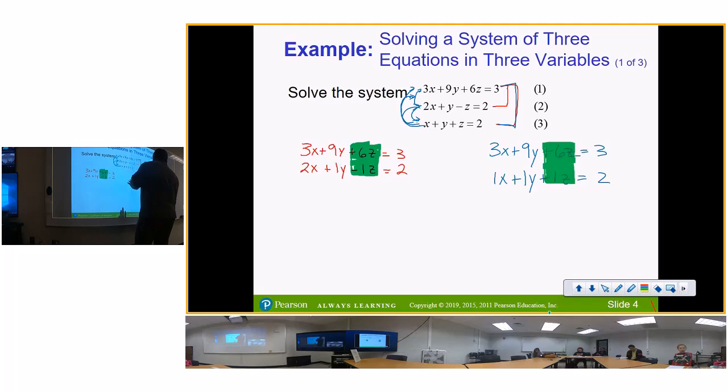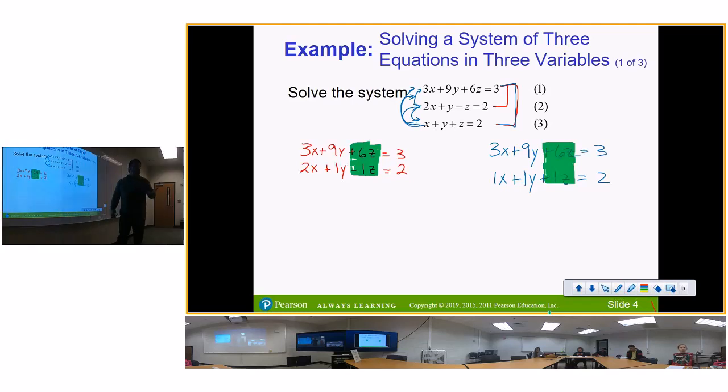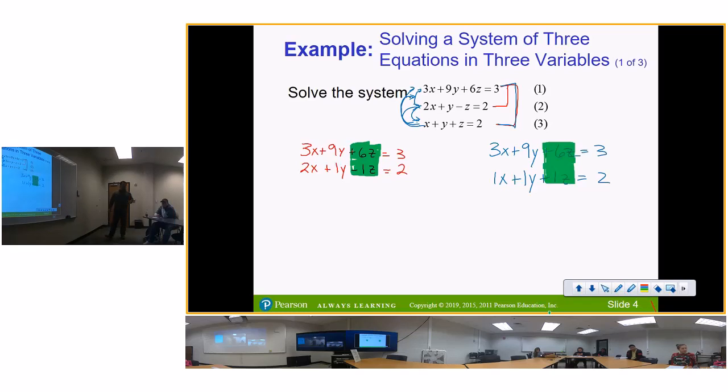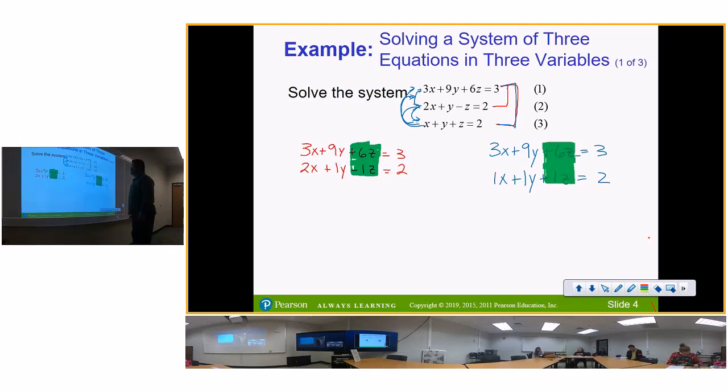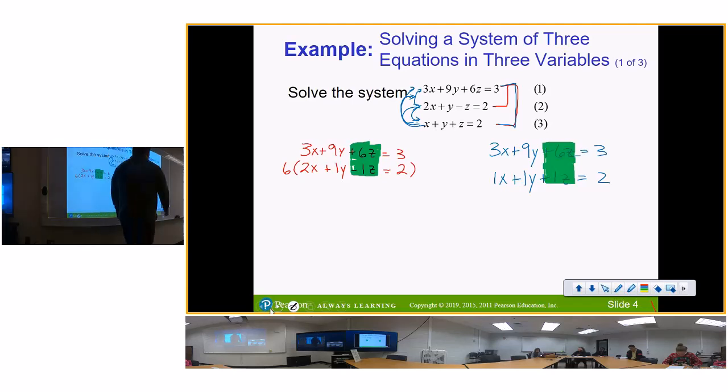That's changing horses in midstream. Don't change horses in midstream. If you're doing something, you don't change your process in the middle unless you're doing something wrong. So I'm going to take my handy dandy red pen and multiply this bottom by 6. And over here, I'm going to multiply this bottom by negative 6.